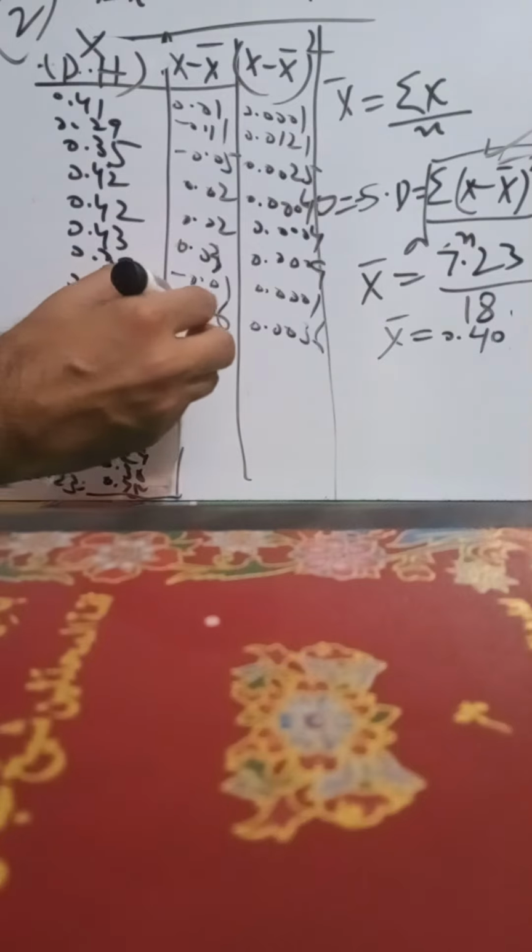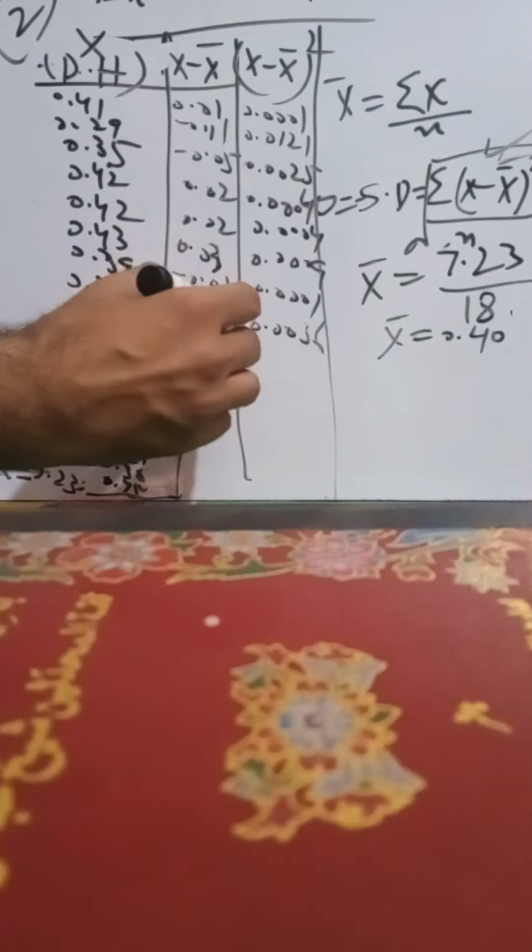Then we got 0.38 minus 0.4, its value is minus 0.02, and its square 0.0004.